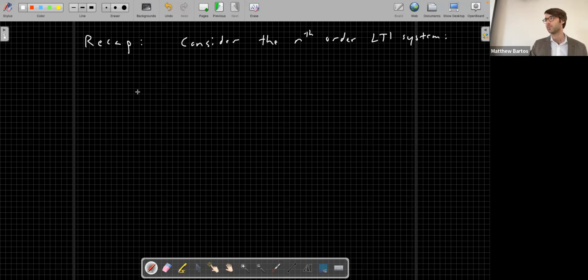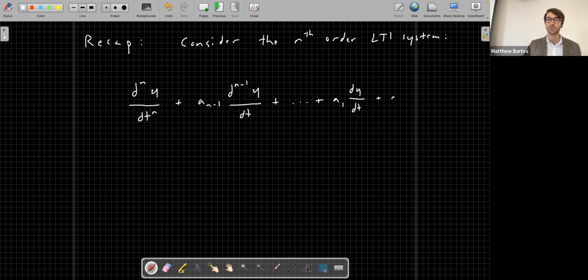I'm going to write it a little bit differently this time for the purposes of this lecture. I'm going to write it like this. So we'll start with our nth order derivative of the output y with respect to time, plus a n minus 1 times the n minus 1th derivative of the output y with respect to time, plus ... all the way to a1 dy by dt plus a naught y is equal to our input u.